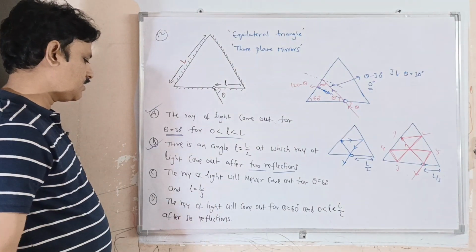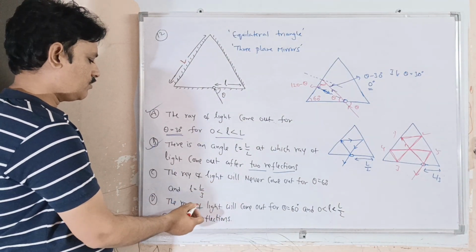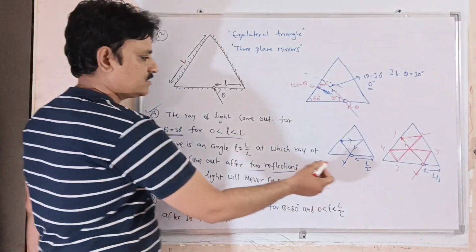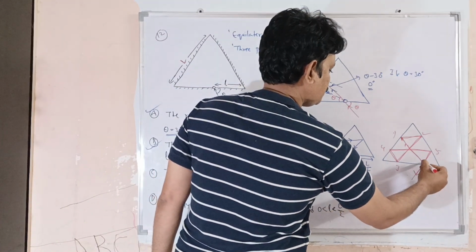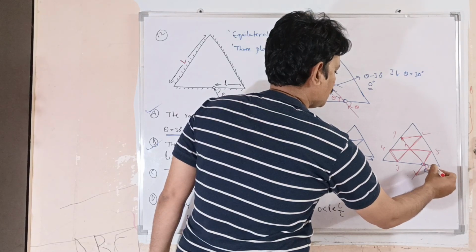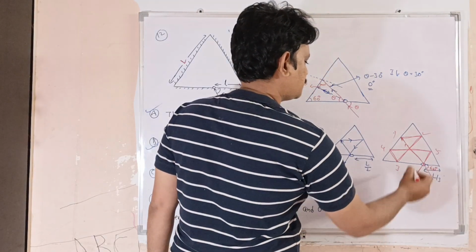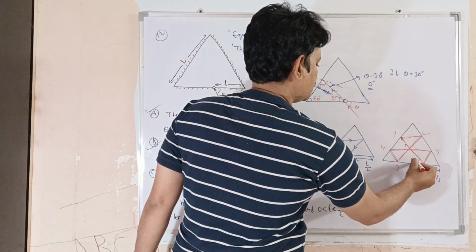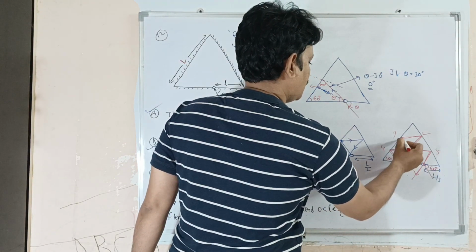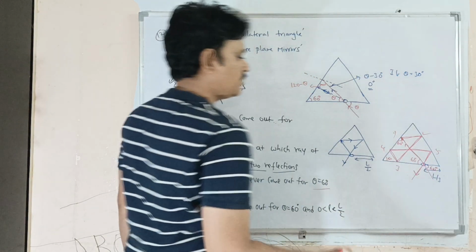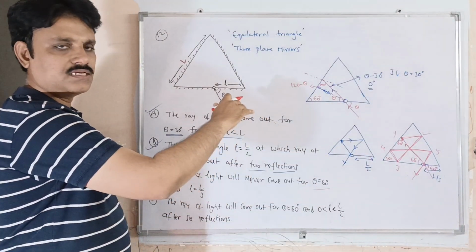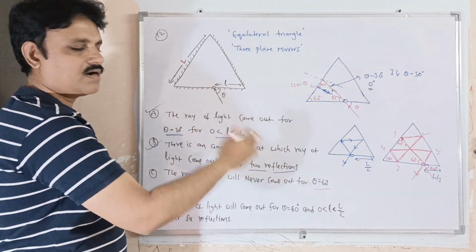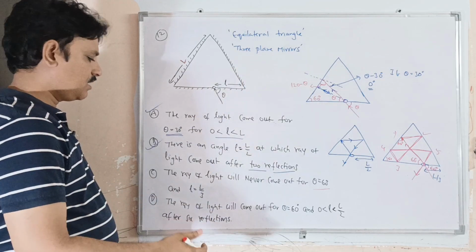But what is given here? The ray of light will never come out at theta is equal to 60 degrees. Here theta is equal to 60 degrees, so here the angle is 60, here the angle is 60, here the angle is 60. So if you calculate, the path traveled after 5 reflections, it will again come out.